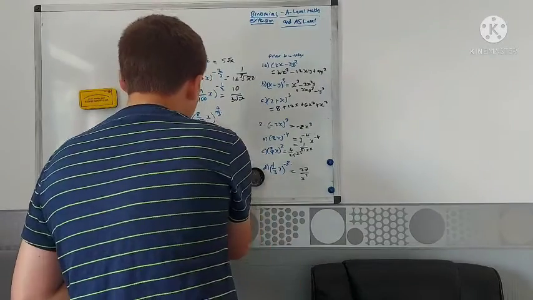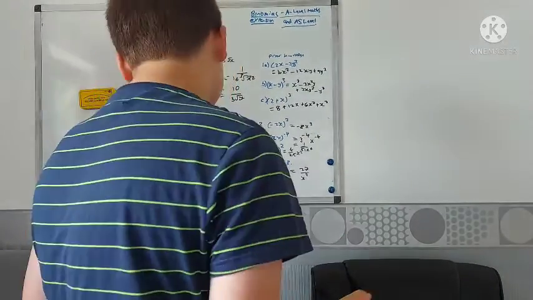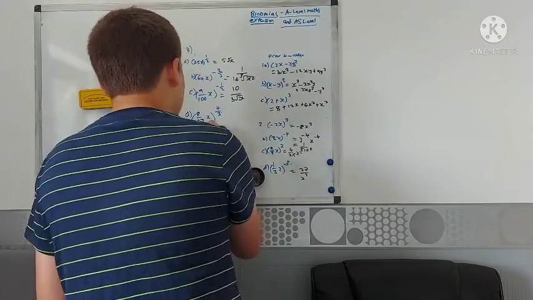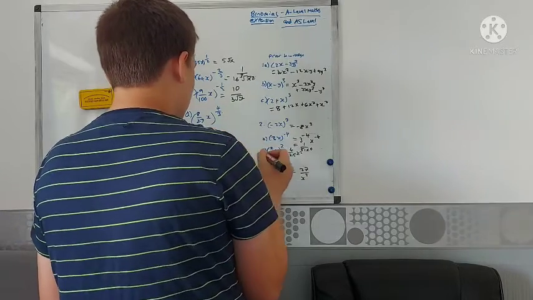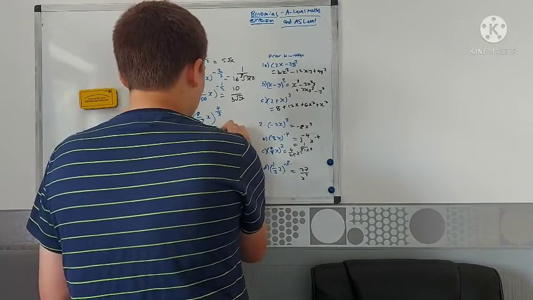For D, I've got 8 over 27 to the 4/3. Well, to put that as 2/3 to the power of 4, and x.